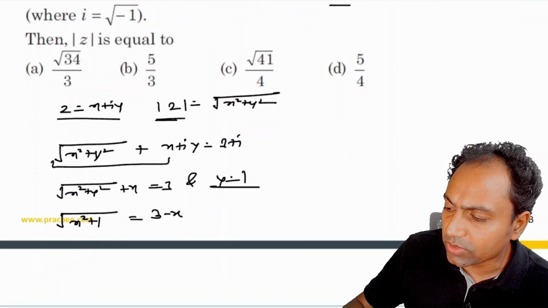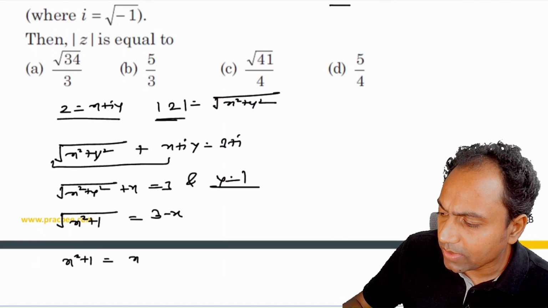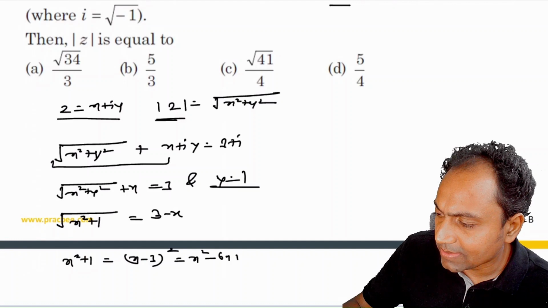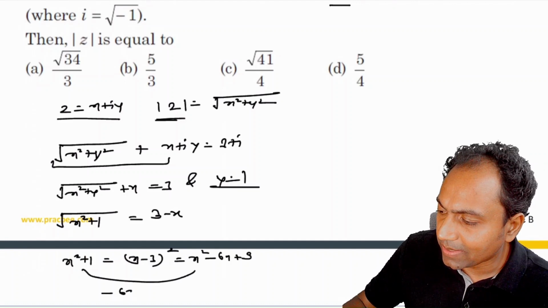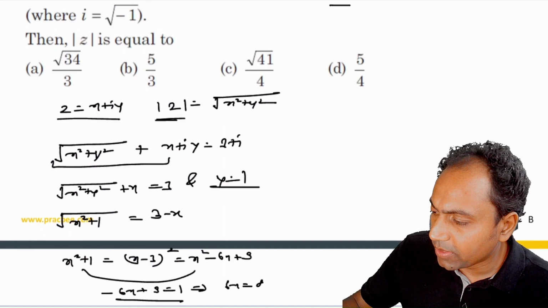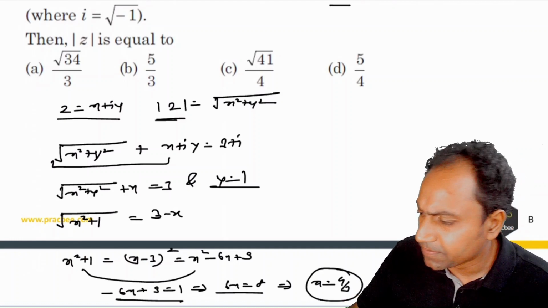Let us square both the sides. If I do so, it becomes x square plus 1 is equal to x minus 3 whole square, or x square minus 6x plus 9. And if I simplify this, what I'm getting is minus 6x plus 9 is equal to 1, or 6x would be equal to 8. That implies x is going to be 4 by 3.